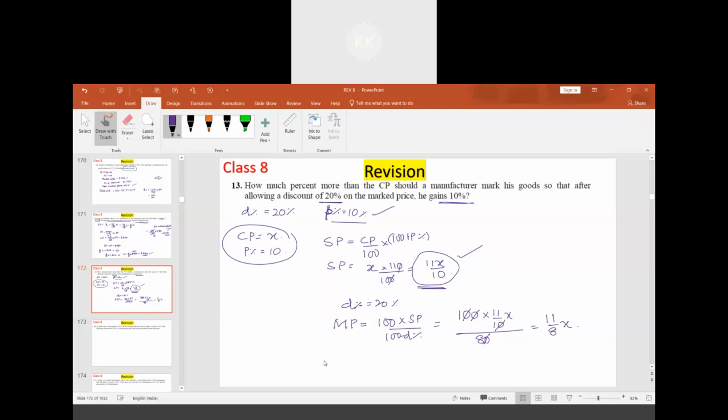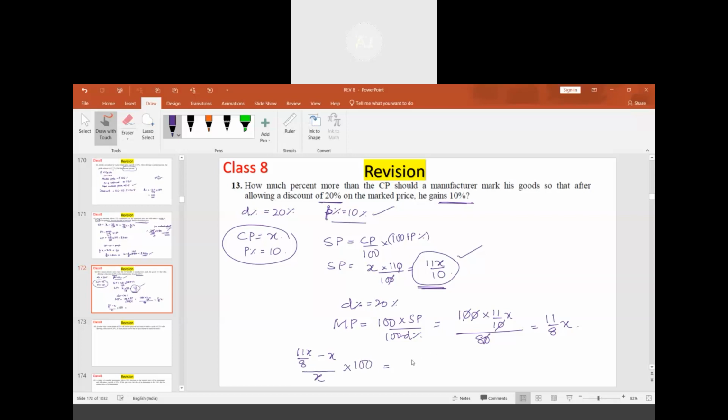Now we have to subtract X from this to get the percentage: 11x by 8 minus x. Since we have to find the percentage, we divide by x into 100.